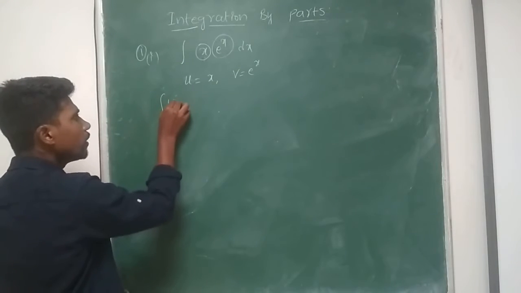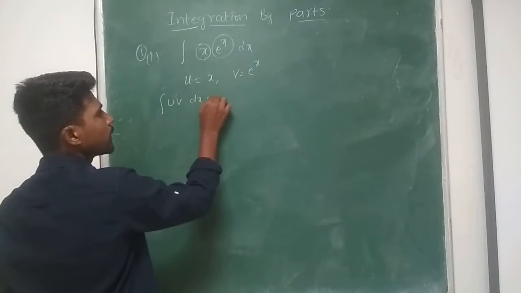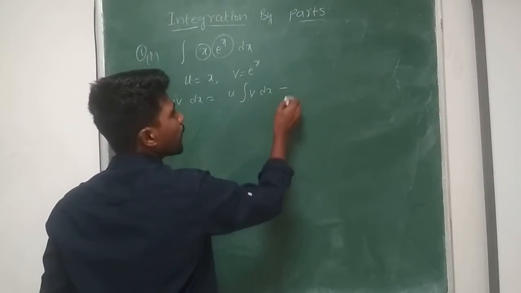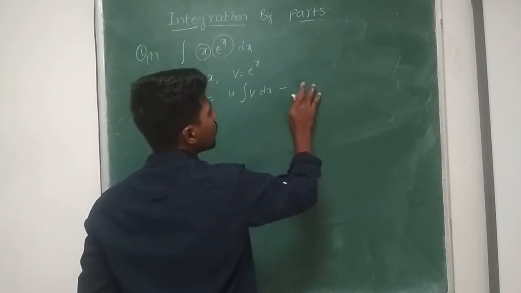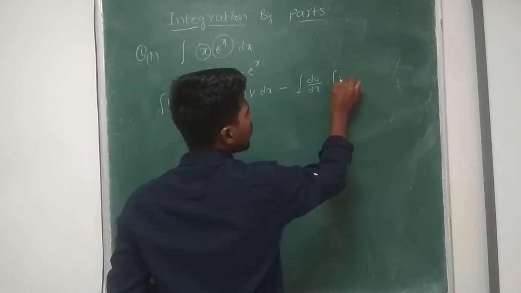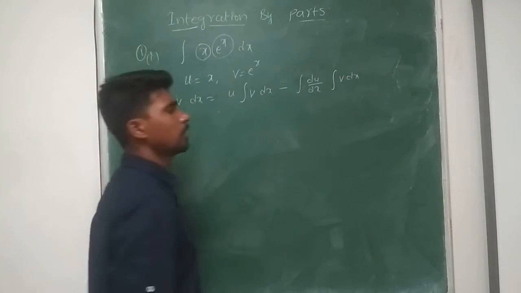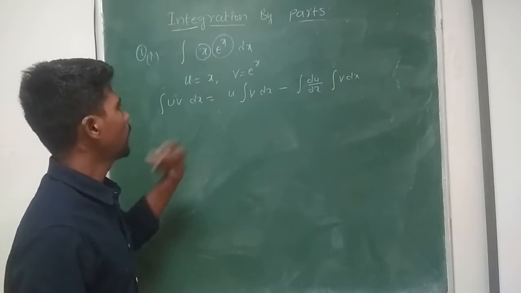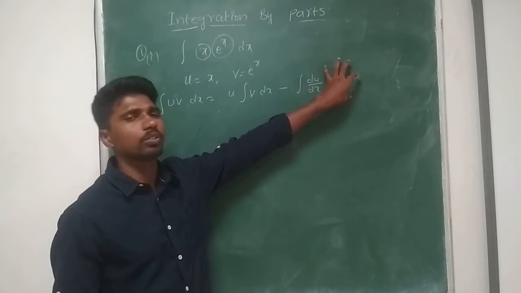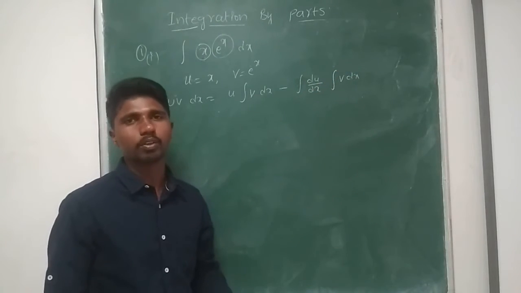Now integral uv dx is equal to u into integral v minus integral du by dx into integral v. While doing this, in this particular step, we don't need to add the constant c.